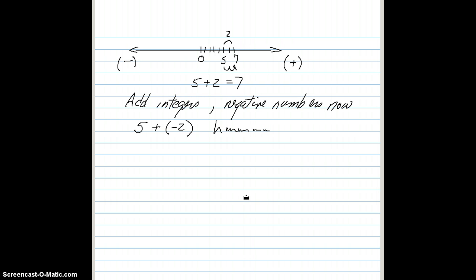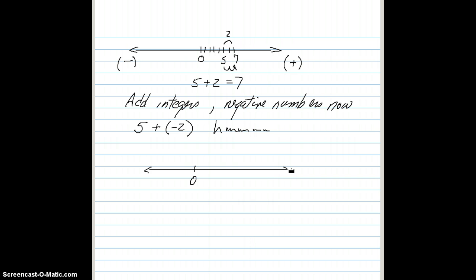How do we do that? Well, we can use the number line. We can say, alright, give myself a straight line if possible. I'll move the 0 over a little bit.